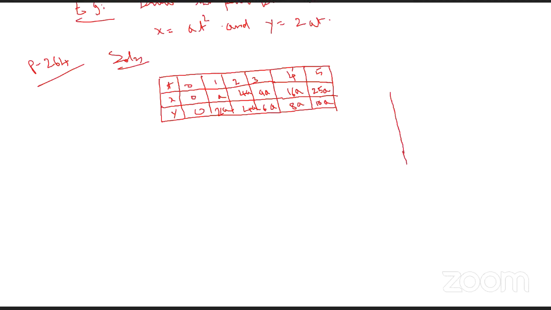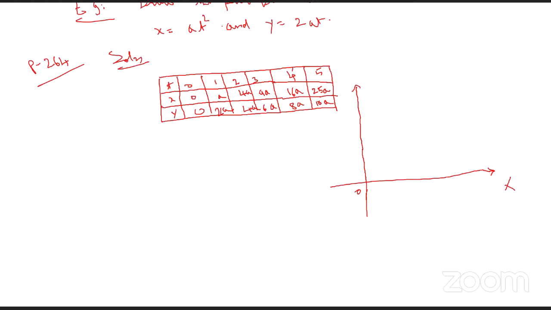Now plot the points. On the x-axis, 1 centimeter equal to 5 units.